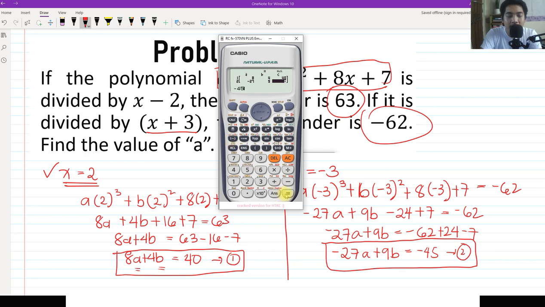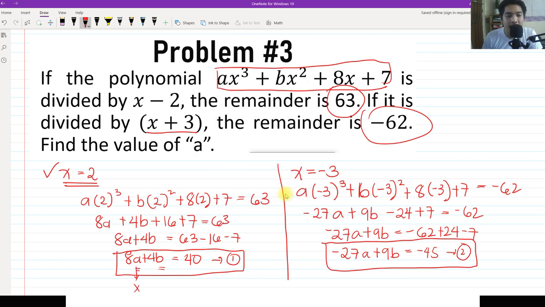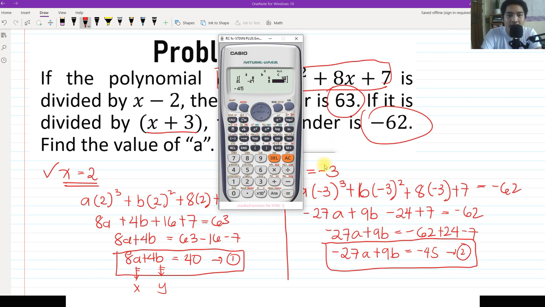Of course, the calculator will give a value of x and y because by default the variables in the calculator are x and y. But we know that x is our a and y is our b.